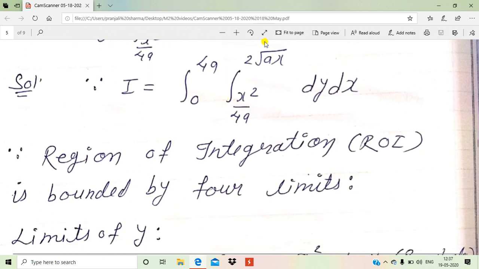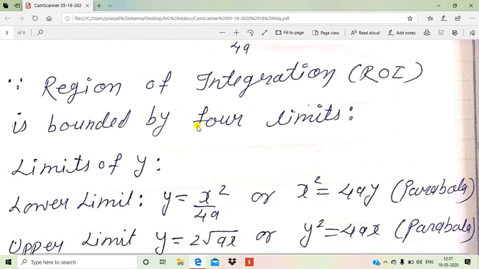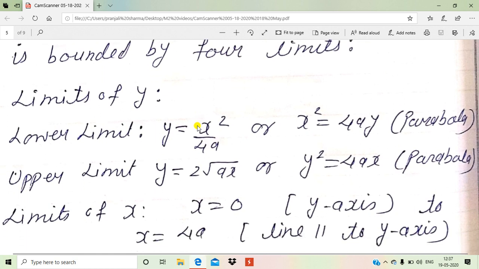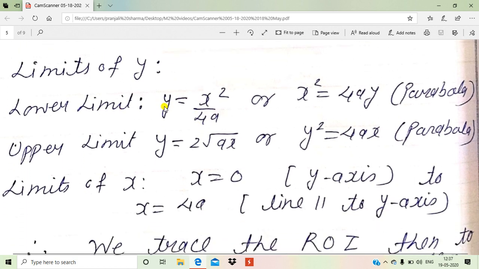So first we analyze the variable limits. This is the value of y, where y is equal to x square by 4a is the lower limit, and y is equal to 2 root over ax is the upper limit. So let's see what those limits are. The lower limit of y is x square by 4a, which gives x square is equal to 4ay.